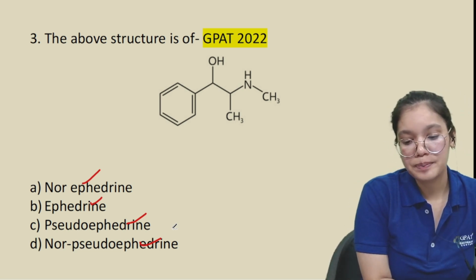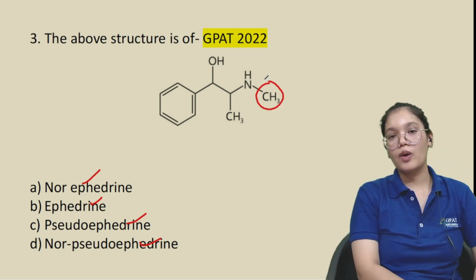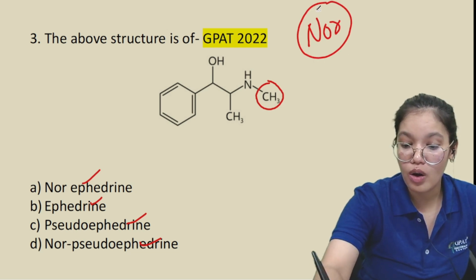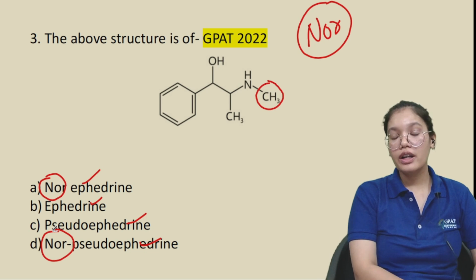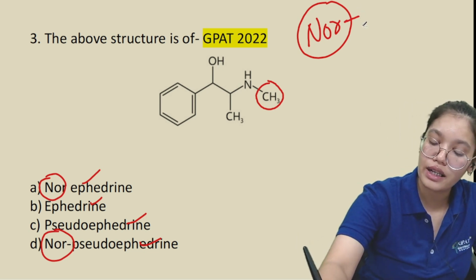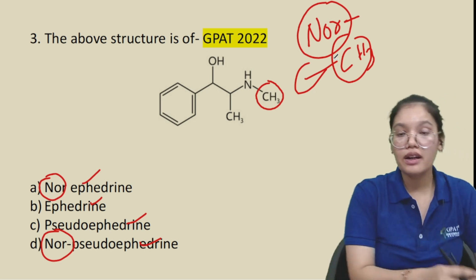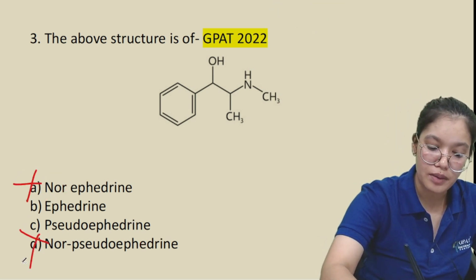Next, here we have a CH3 group attached. I told you whenever there is a nor, the nor suffix is basically used for compounds that have had the CH3 removed, but here CH3 is there. So options 1 and 4 can be removed.